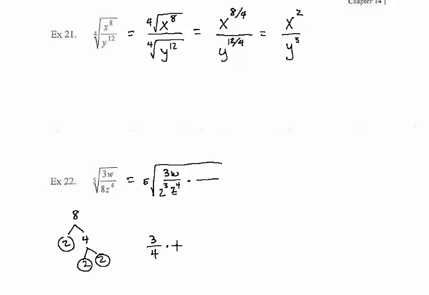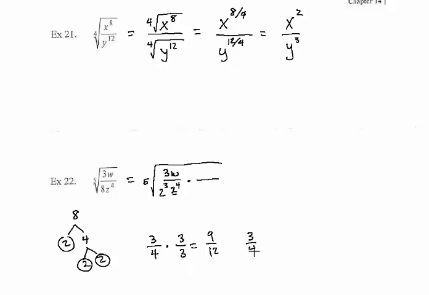So I could take this fraction and multiply both numerator and denominator by 3, and I'd get 9 over 12. If you put 3/4 or 9/12 in your calculator, you'll get the same number. So 9/12 is the equivalent of 3/4.